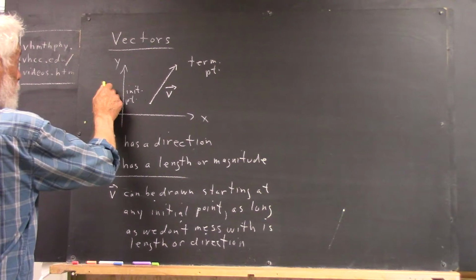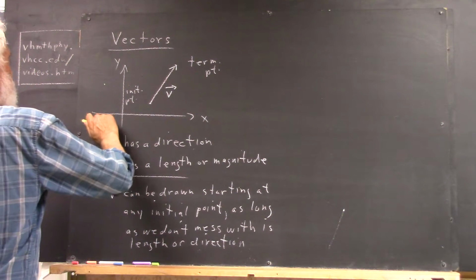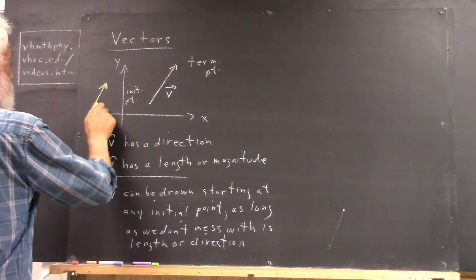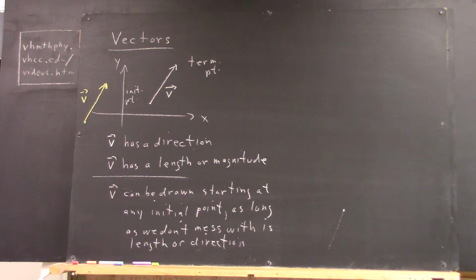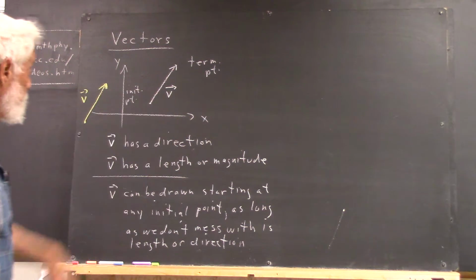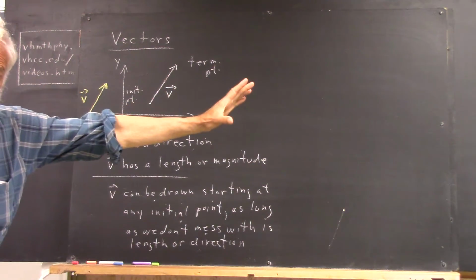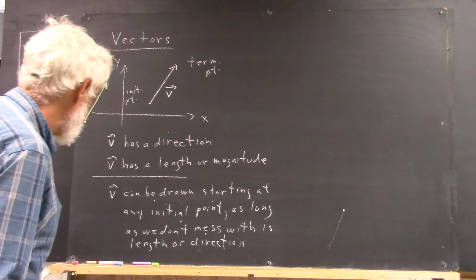I bring it over to here, and it's going to look something like this. And this is still the vector V. I say it's the same vector. Some people say it's an equivalent vector. I don't distinguish. The vector V can go any place as long as the length and direction remain the same.